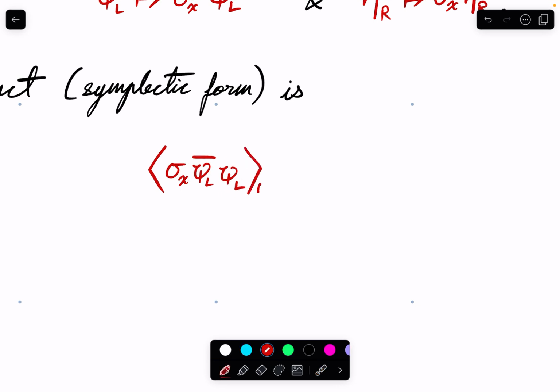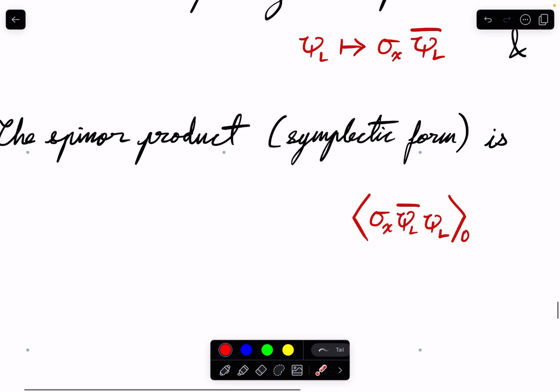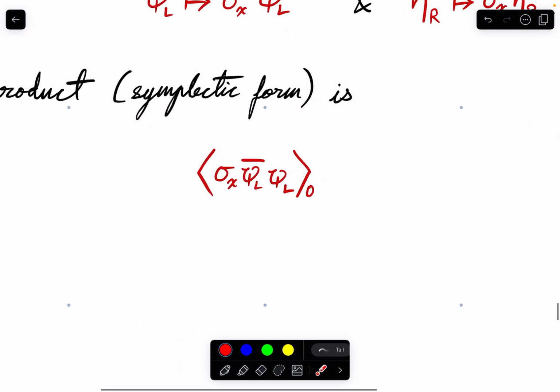And it's just the multiplication of them and the projection of it onto the scalar part. And there's a property of spinor products, and this is actually really a property of symplectic forms, that if you're taking the product of two things that are the same, then the projection onto the scalars needs to be zero.